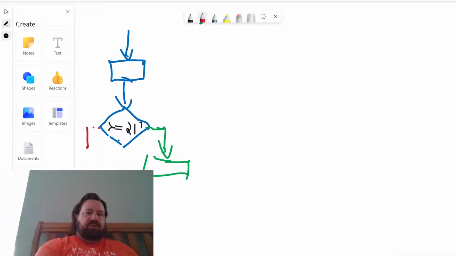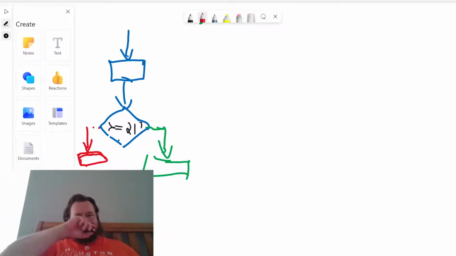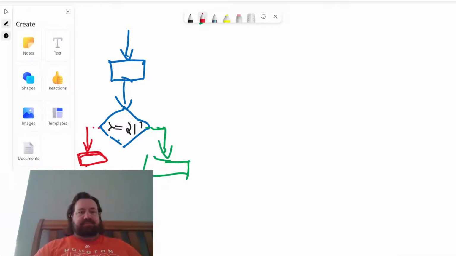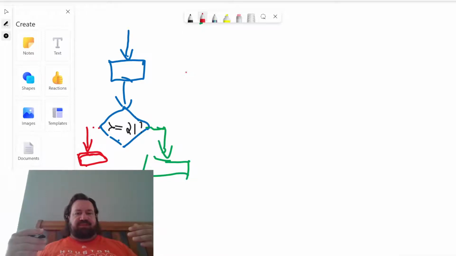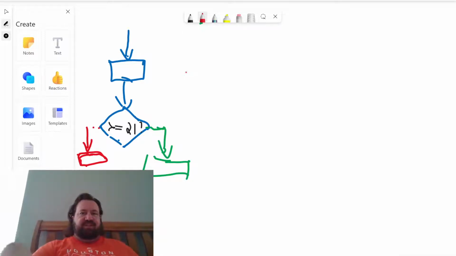And if no, we stop the program. Okay. That's a real simple decision, but it's a decision. And oftentimes programs are made up of several dozen of these decisions.